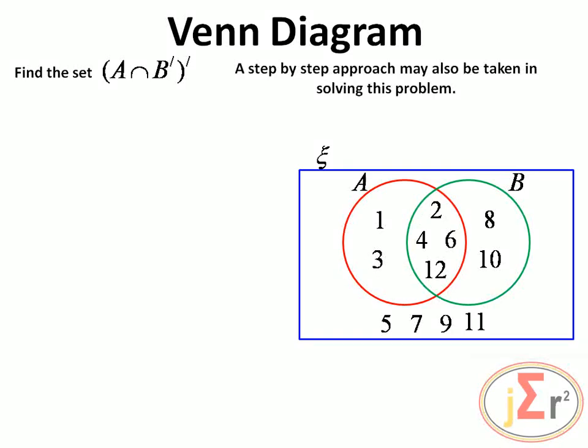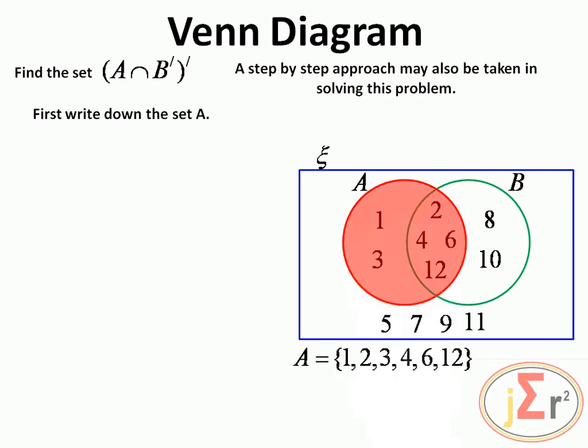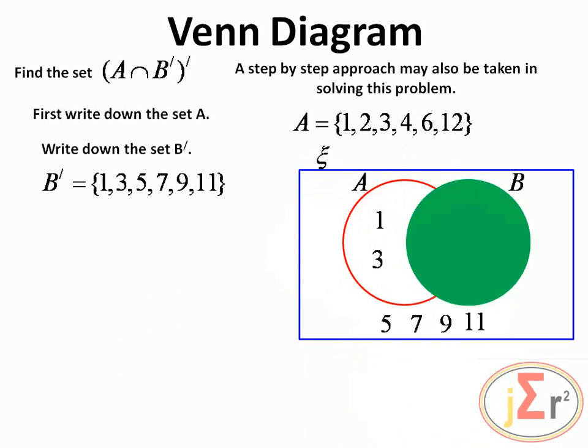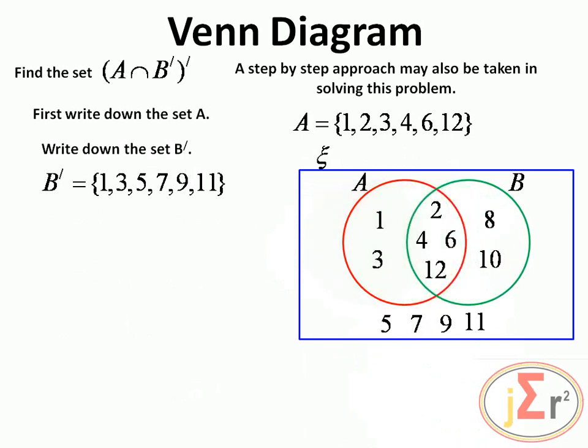The same problem that we have right there, and we are going to take a step-by-step approach this time. So first we write down the set A right there, then we write down the set B complement right there. Now we need what?